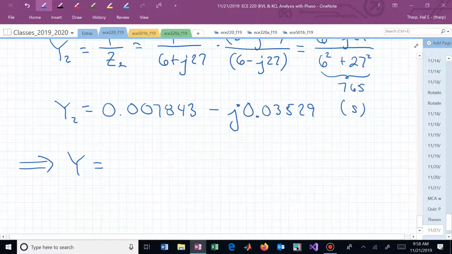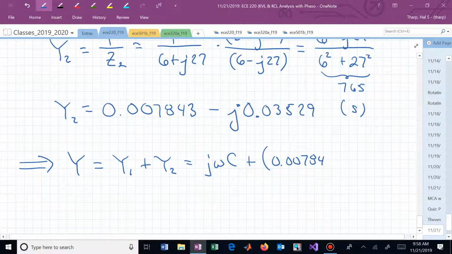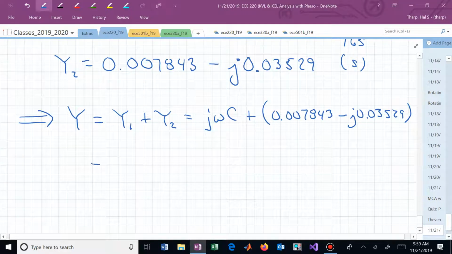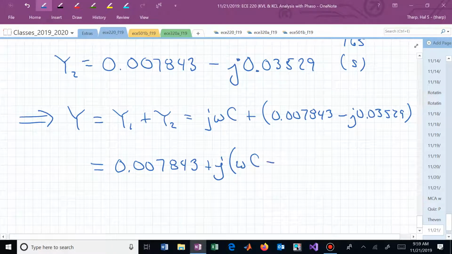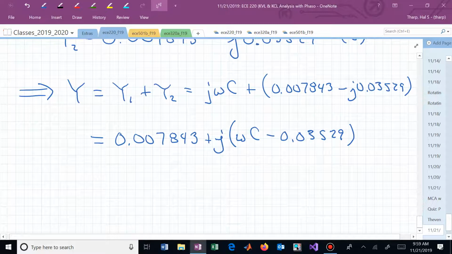We're really looking for the effective admittance seen by the power company. We now say, oh, that's Y1 plus Y2. Or that's now this J omega C plus Y2. And what are we wanting to have happen?